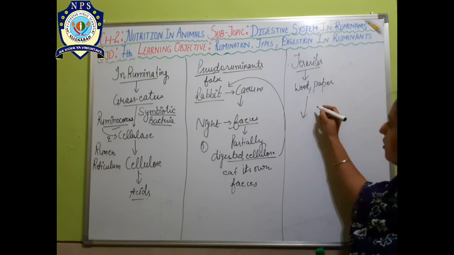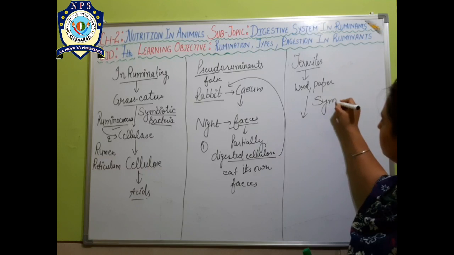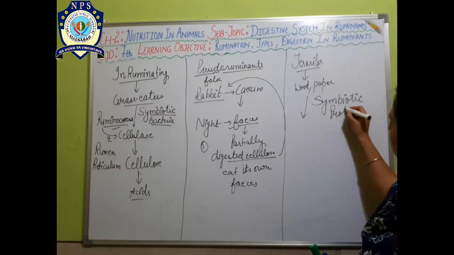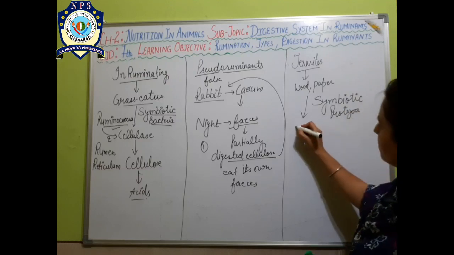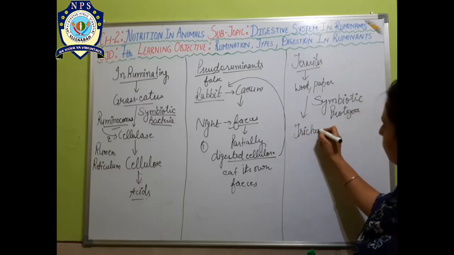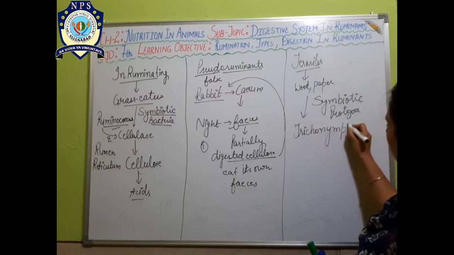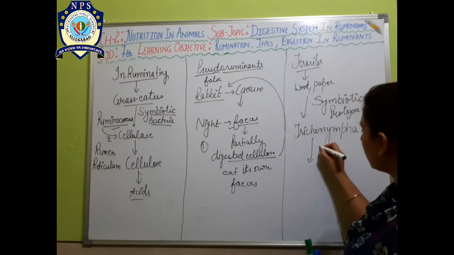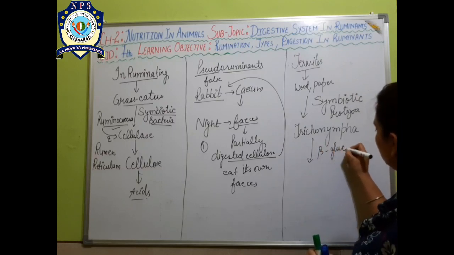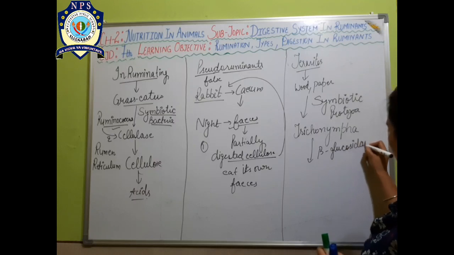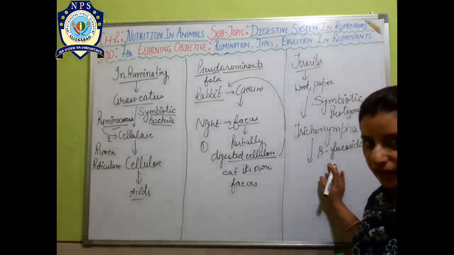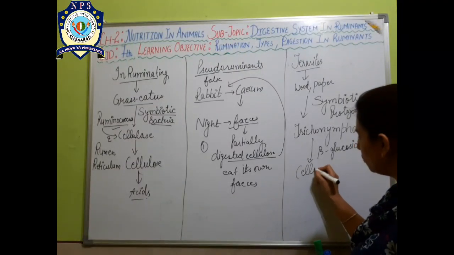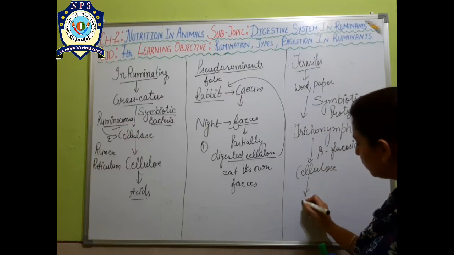In these termites there is the presence of a symbiotic protozoa called Trichonympha, and this Trichonympha will secrete an enzyme called beta glucosidase, and this beta glucosidase will help in digesting the cellulose to simple sugar.